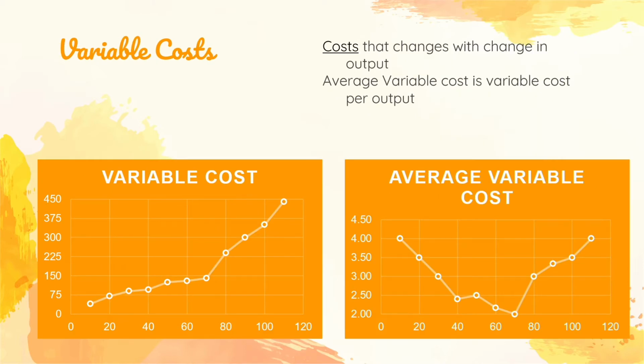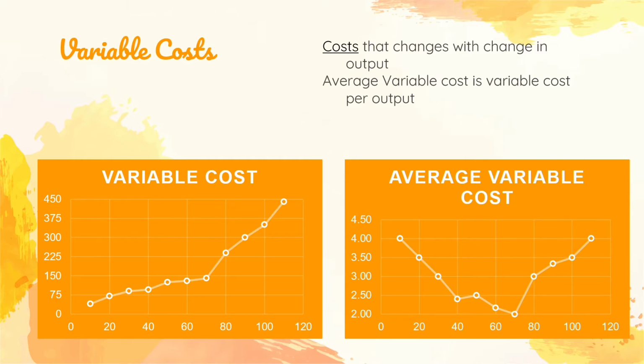Okay, variable cost changes with change in output. Average variable cost is the variable cost per output. So for example, if you're producing plastic bottles, the amount of plastic that you require changes with the change in output. If you're producing 10 plastic bottles, you need, for example, 1 kg of plastic.